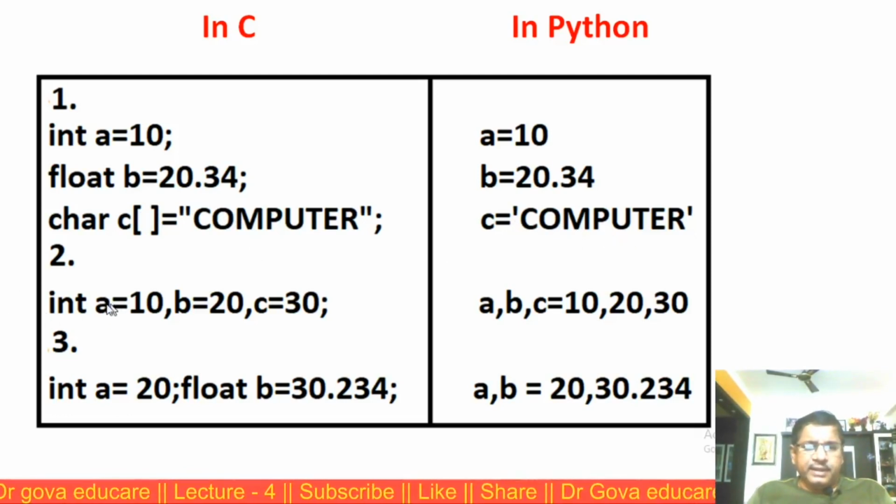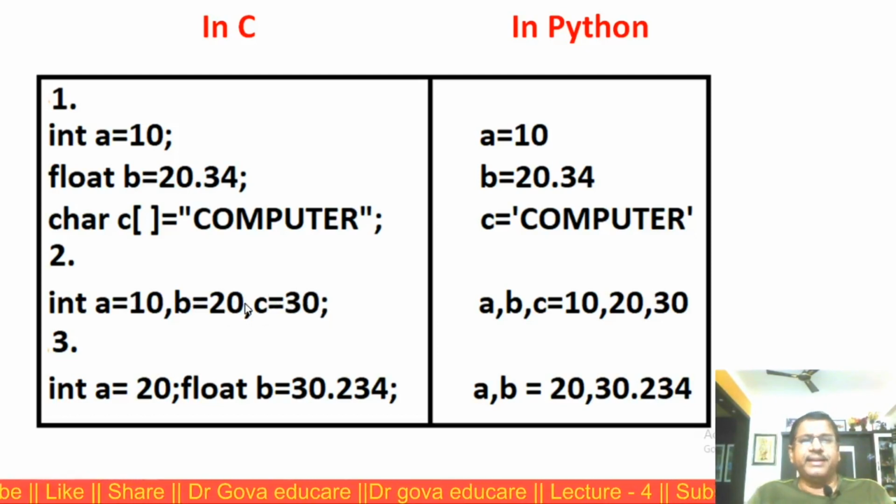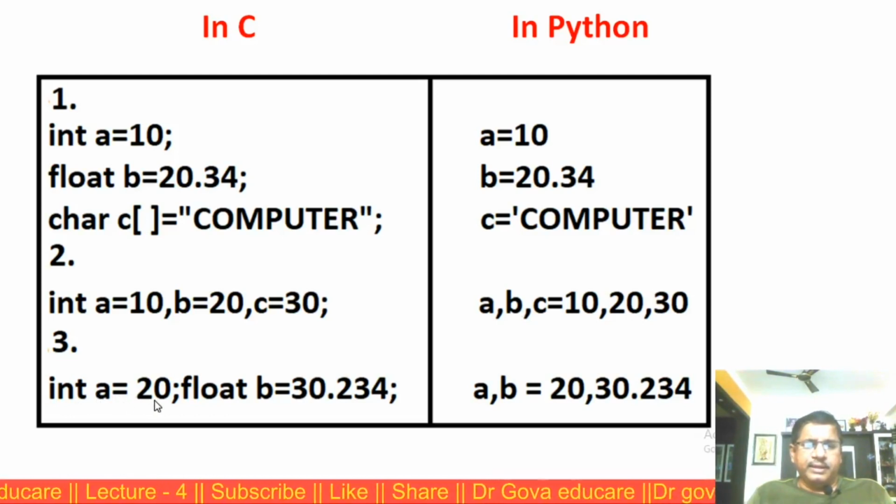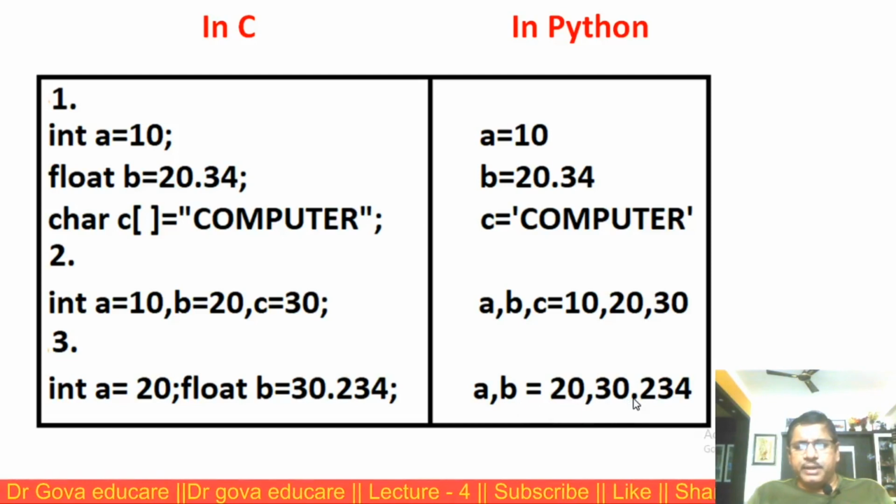Now int A is equal to 10, comma B is equal to 20, C is equal to 30. Now this is the initialization in a single line in C programming, whereas in Python, A comma B comma C is equal to 10 comma 20 comma 30. Now this is another example. Int A is equal to 20, comma float B is equal to 30.234. Here, A comma B is equal to 20 comma 30.234.